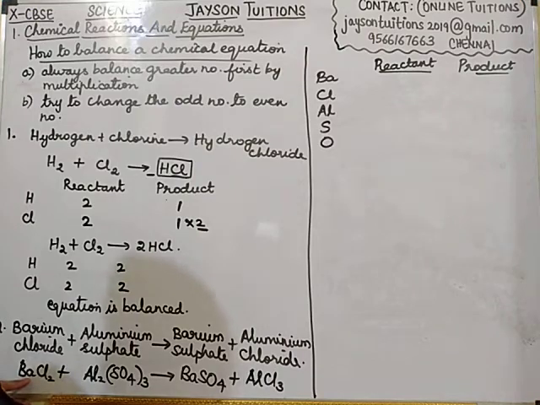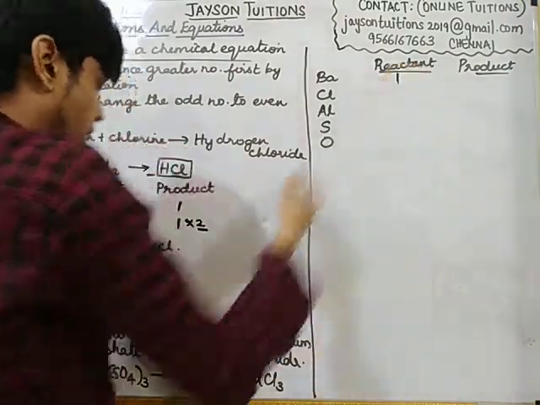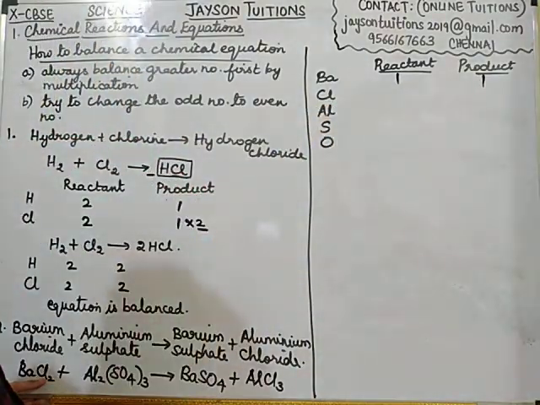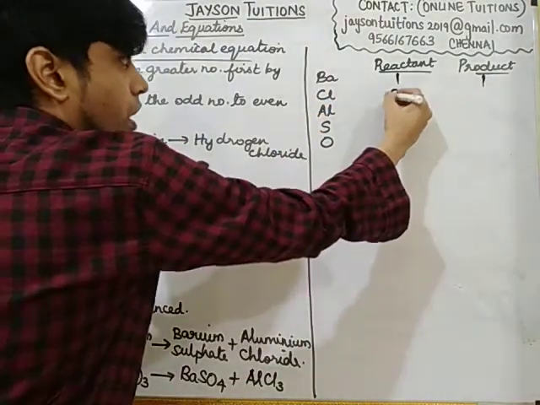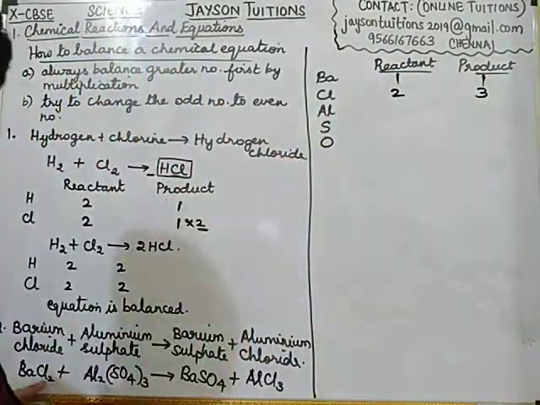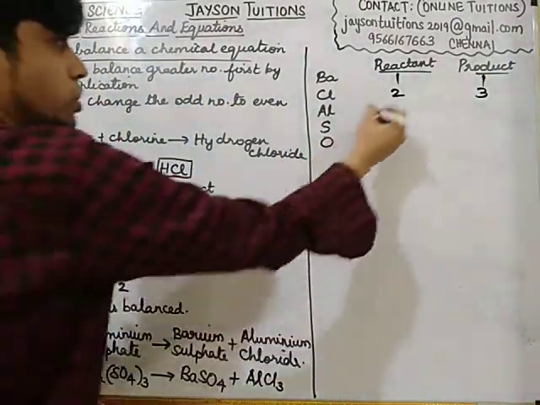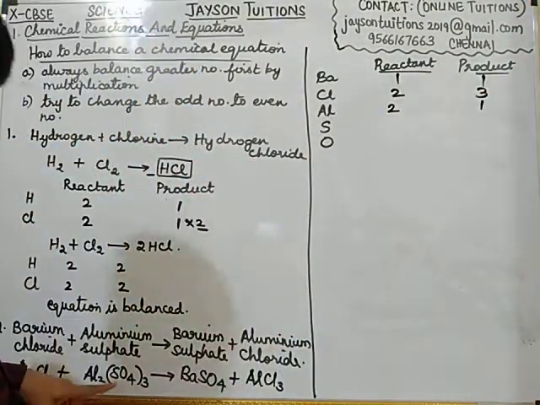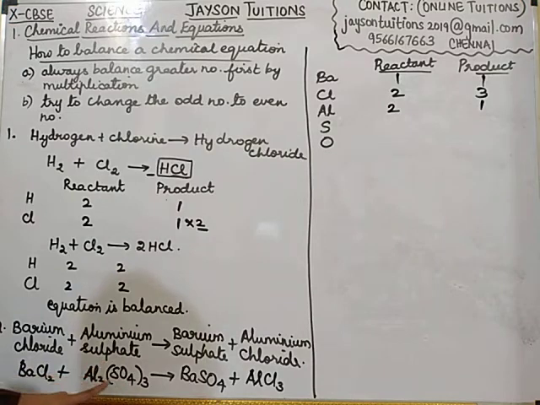So barium, on the reactant side how many is there? 1, and on the product side 1. Chlorine, here it is 2. Here it is 3. Aluminium, here it is 2, here it is 1. Sulfur, this 3 we have written in bracket.